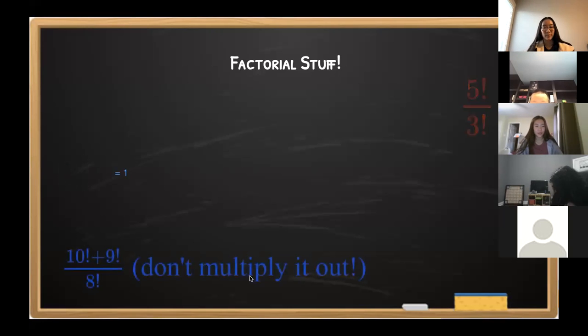Okay, next one. I got a question. You said for 4 it would be 4 times 3 times 2 times 1. Then how is 0 factorial 1? Well, 0 is just an exception, because for 4, for example, we went down to 1, right?